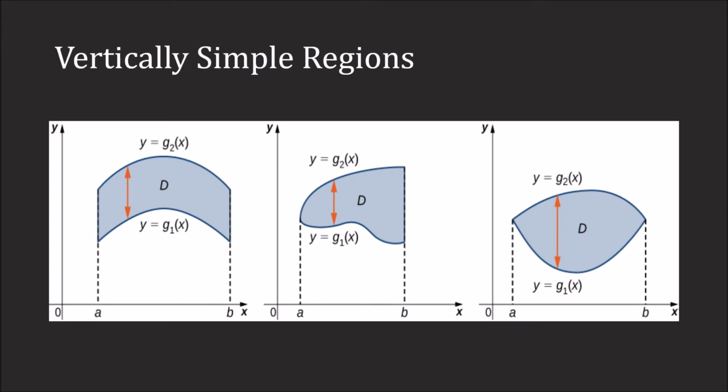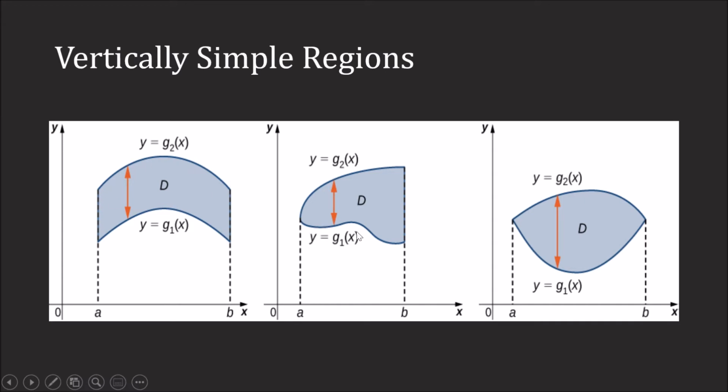So this slide shows some vertically simple regions. Right, we have this region here. x is between values a and b, and then we say that y is bounded by two functions of x, so two curves.